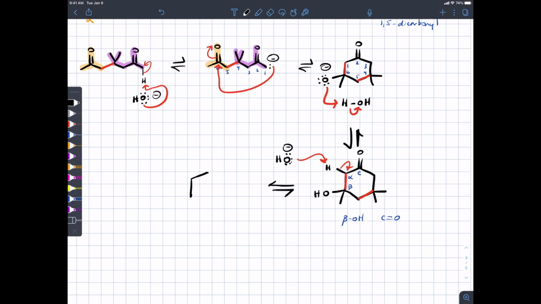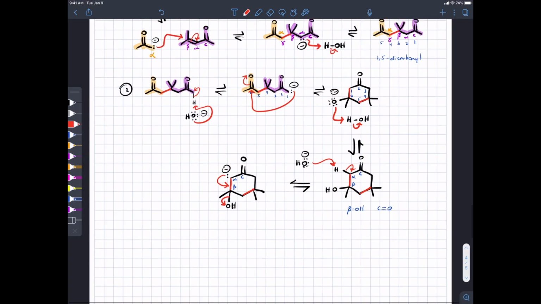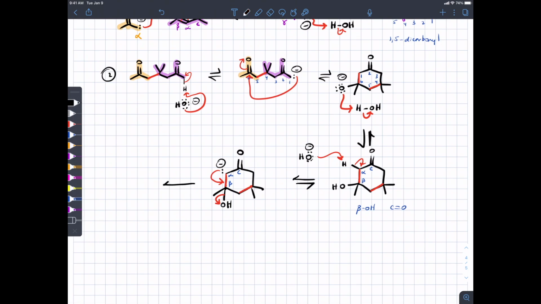That will give us the following enolate, whereupon electrons on the alpha carbon can kick down, and the negatively charged carbon is reactive enough to kick off a negatively charged oxygen as a leaving group.